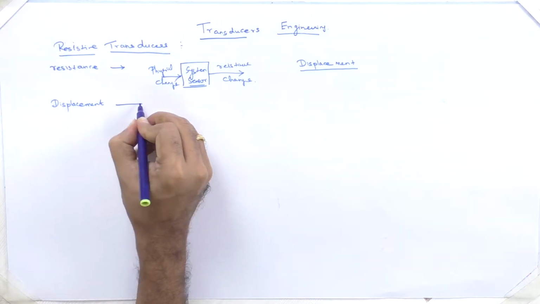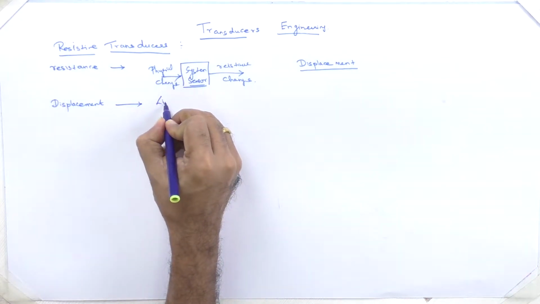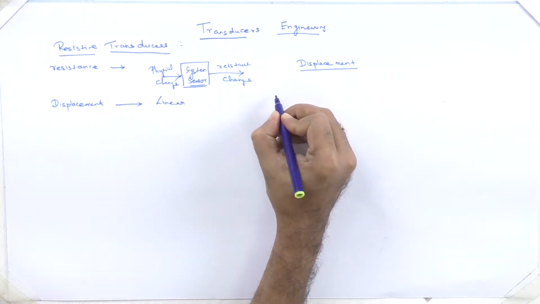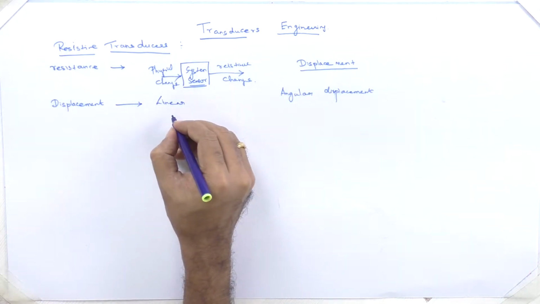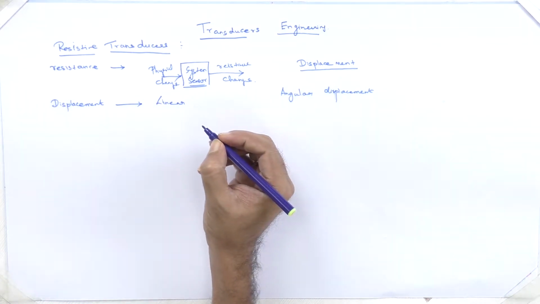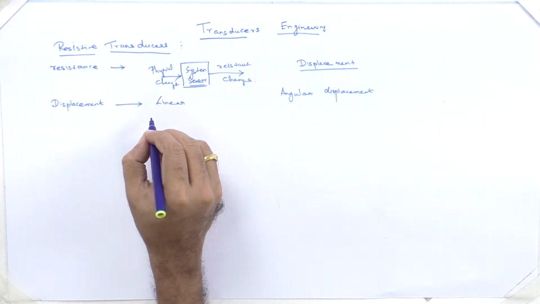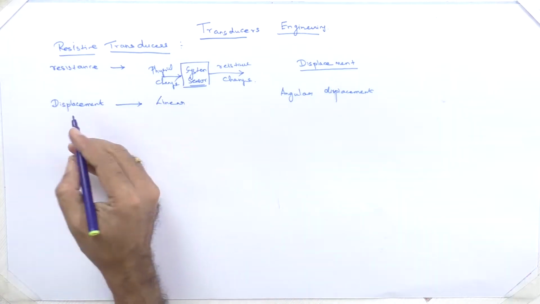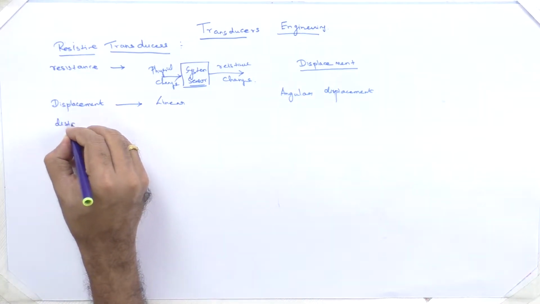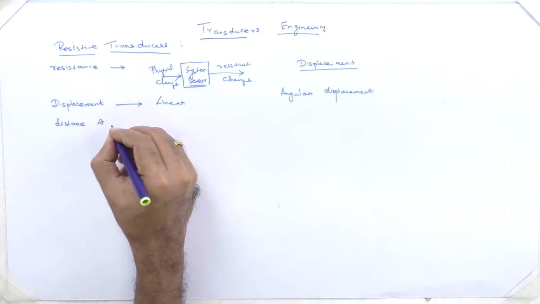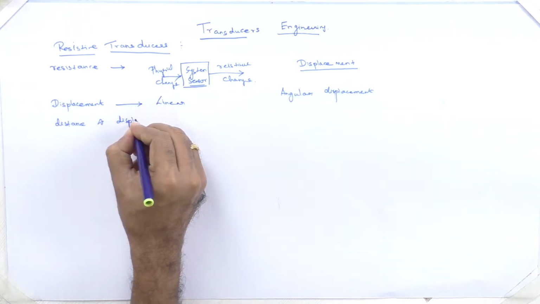Displacement is divided into linear displacement and angular displacement. But first, what is displacement? Before getting into that, you need to know the difference between distance and displacement.